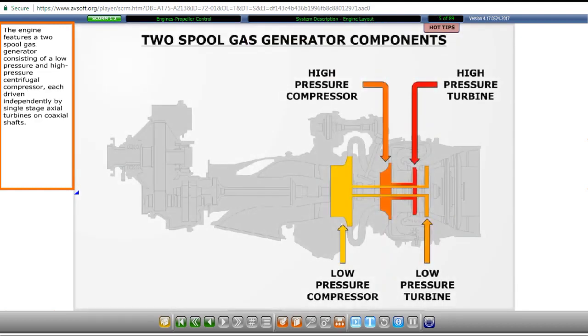The engine features a two-spool gas generator consisting of a low-pressure and high-pressure centrifugal compressor, each driven independently by single-stage axial turbines on coaxial shafts.